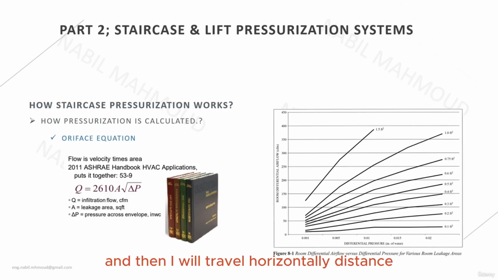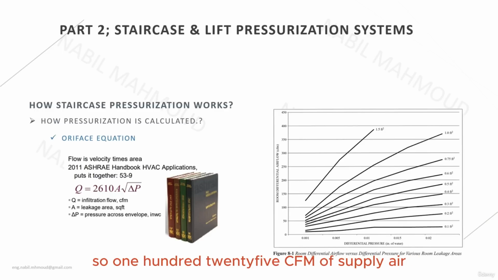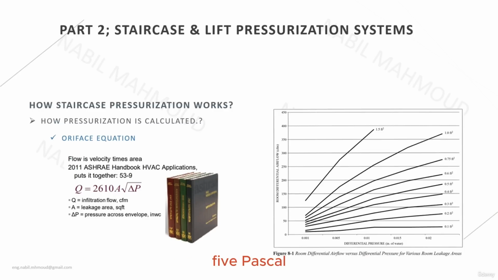Then I will travel horizontally until I hit the airflow axis, which is the vertical axis. This will give me a flow of approximately 125 CFM. So 125 CFM of supply air will maintain a pressurization value of 0.25 Pascal.